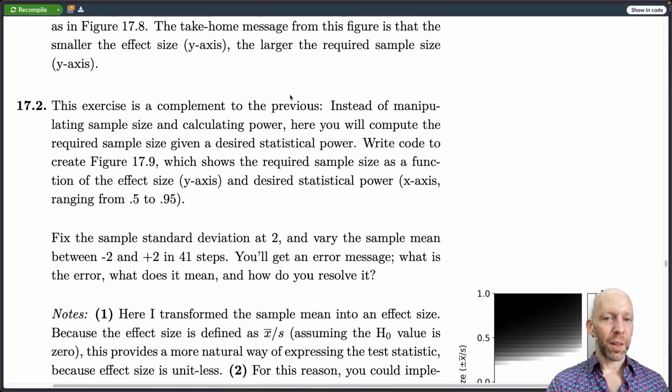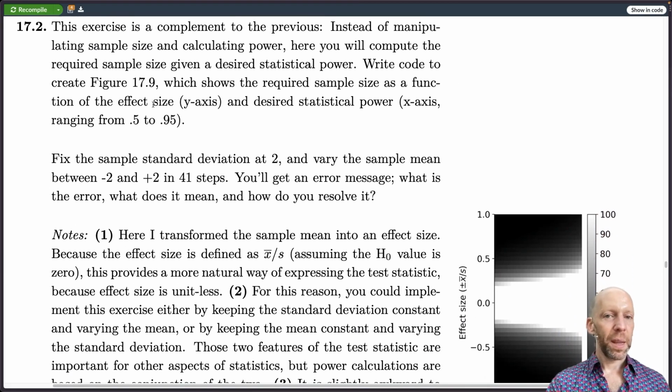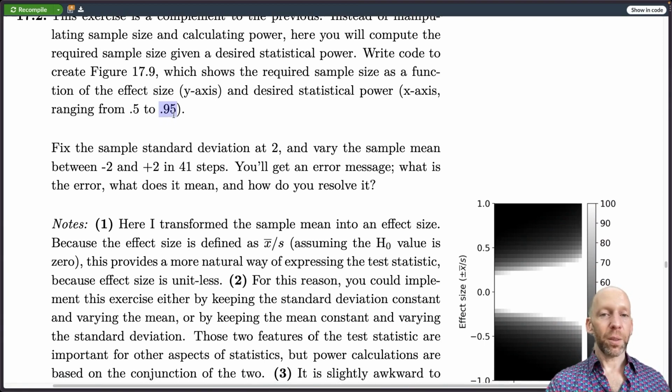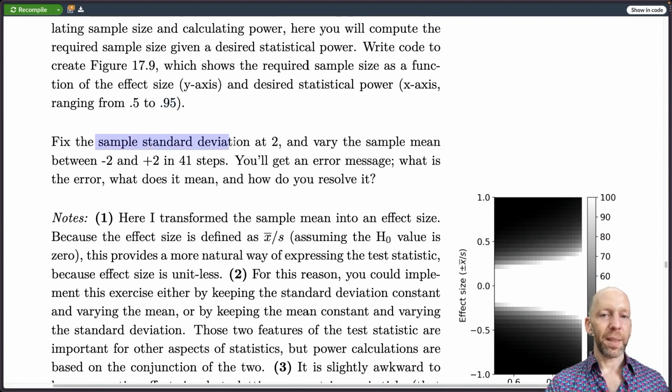Okay, so a couple of other notes. What I want you to do is, okay, so actually the effect size goes to 0.95. I said 1, but it doesn't really matter. So I want you to start by fixing the sample standard deviation at 2 and vary the sample mean between -2 and +2 in 41 steps.